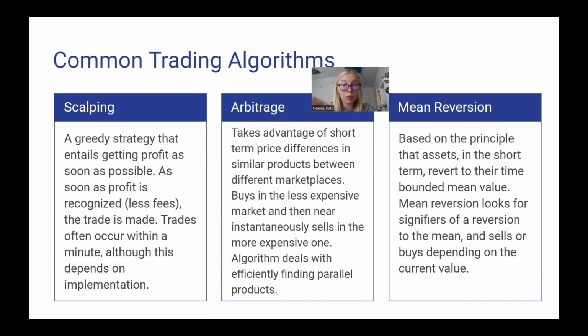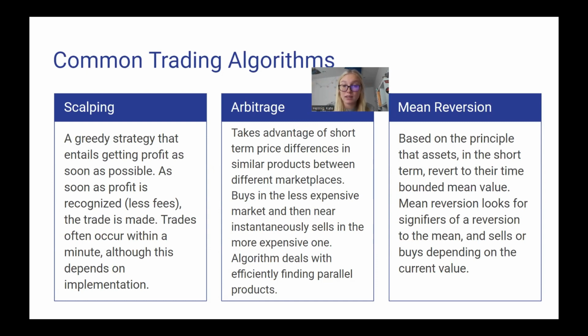Like if you took one stock from one market and moved it to the other market, you'd be able to sell it. You find those, and you buy the analogous stock in the cheaper marketplace, and you immediately sell it in the more expensive marketplace, and vice versa.